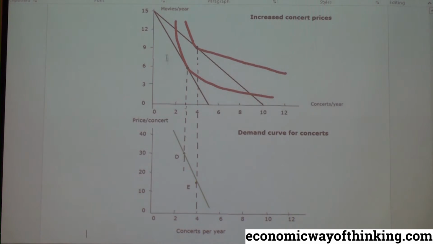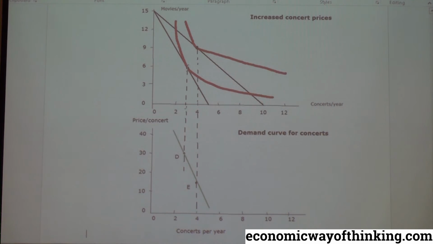But at the same time, you could afford 15 movies because the price of movies didn't change. So now we have the new budget line. And based on the position of our indifference curve, we have another maximization point over here.